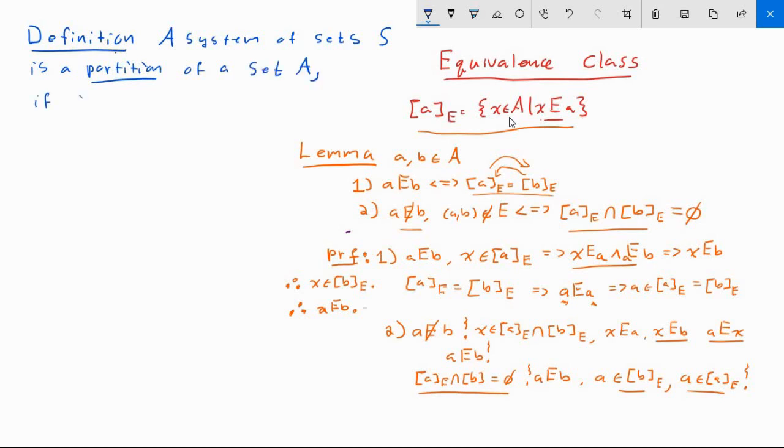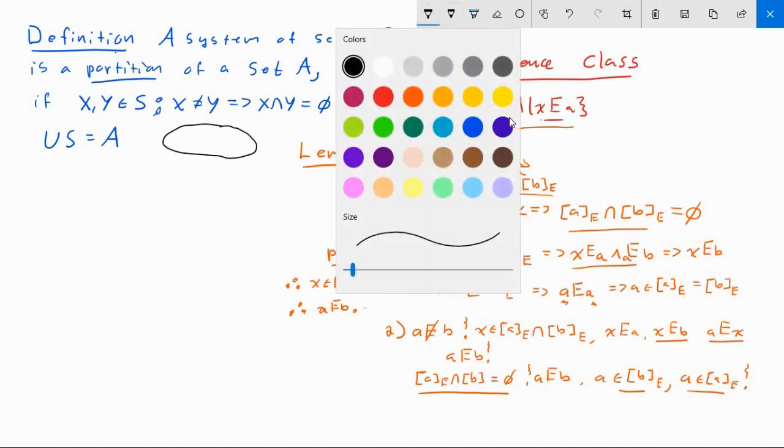That is, if we have elements X and Y of S, if it is the case that X is not equal to Y, then the intersection of X and Y is empty. And secondly, we require that the union of the set S be equal to A.